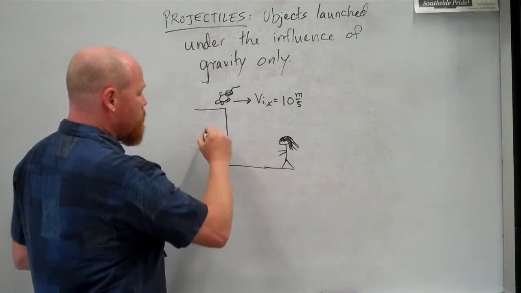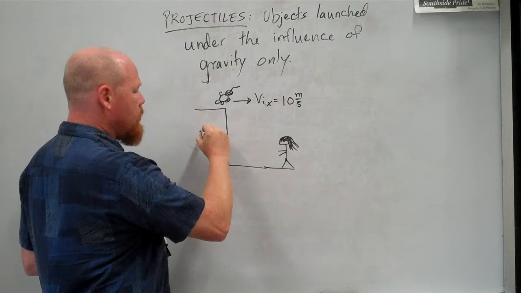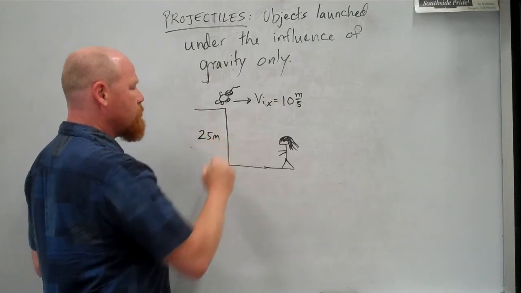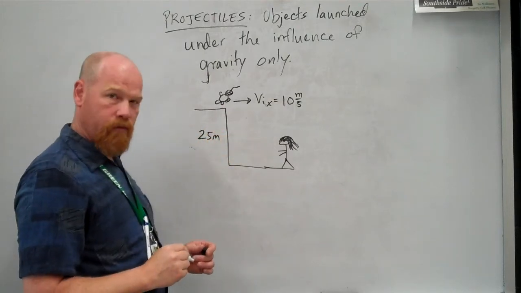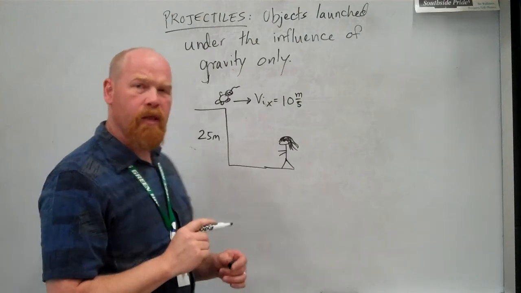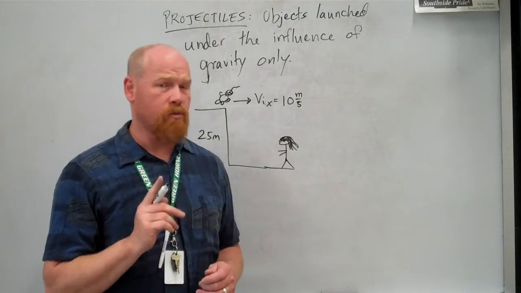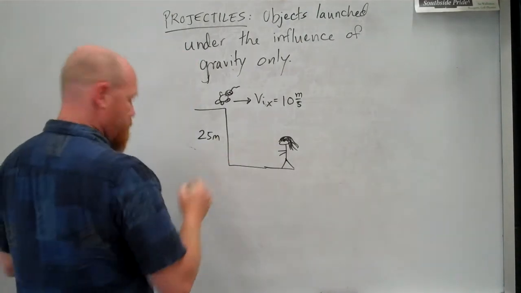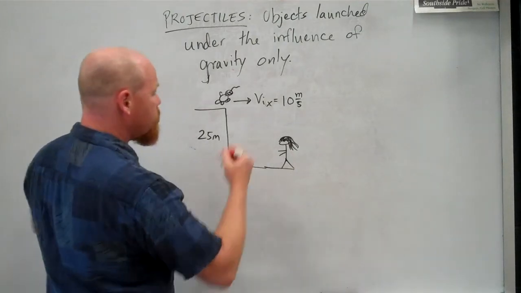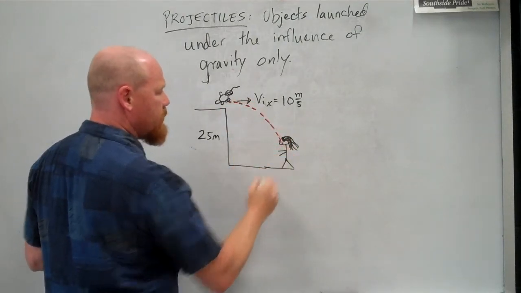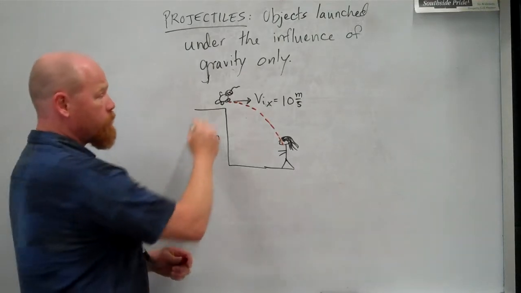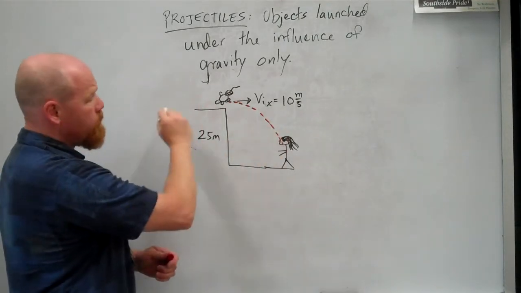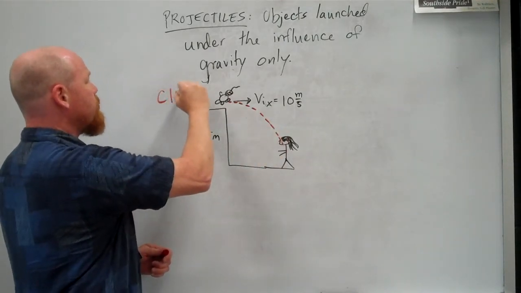Now, this is going to be a 25-meter tall cliff, which if you actually did this, by the way, would get you in trouble with DSS, so please don't try this at home. Now, the path of the baby, as said before, is going to be parabolic. It's going to be half of a Duke's because this is a cliff projectile.